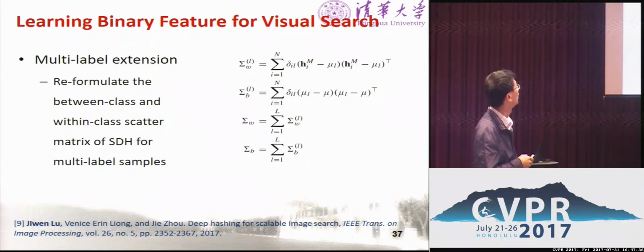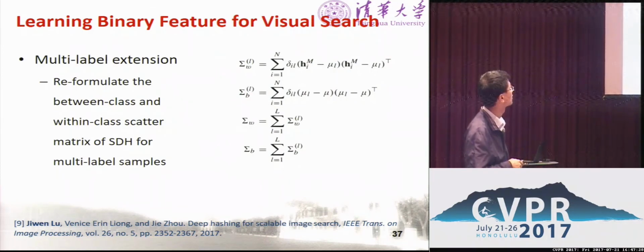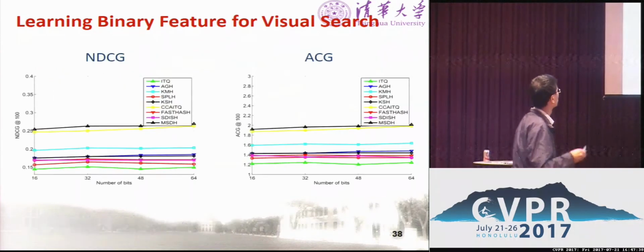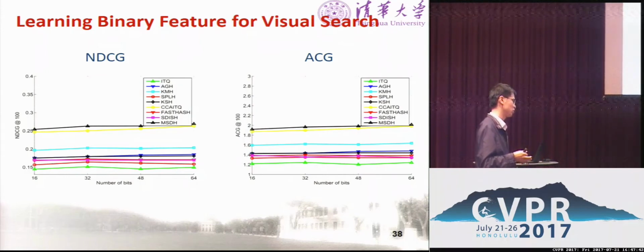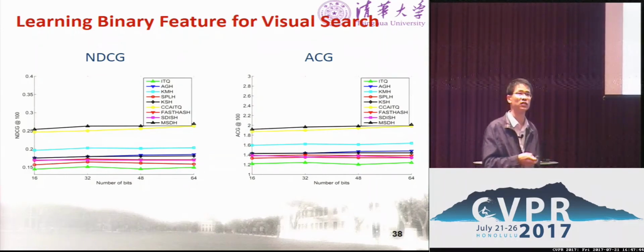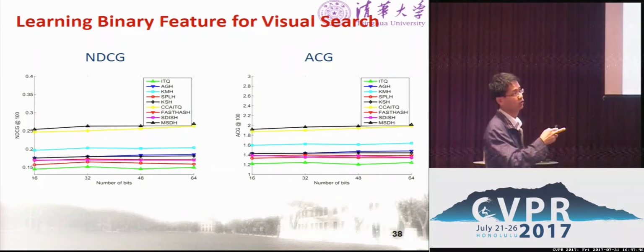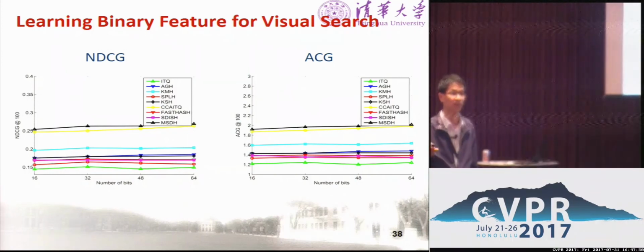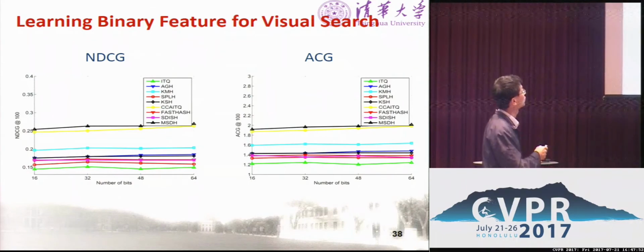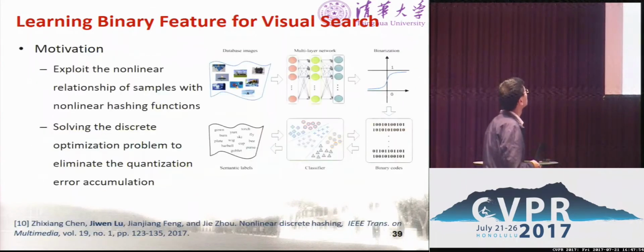So we reformulate the between class and within class terms of the original SDH, which was proposed for single label hashing, for multi-label samples. For multi-label visual search, the evaluation criteria is different from the conventional single-label search, because for the conventional single-label search, the MAP is usually applied. But in this case, we also use these two criteria.